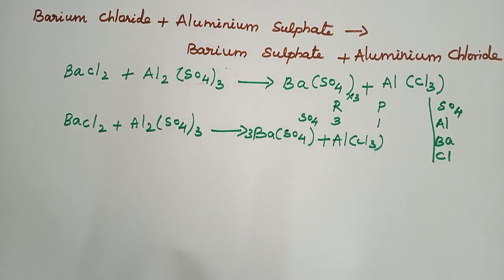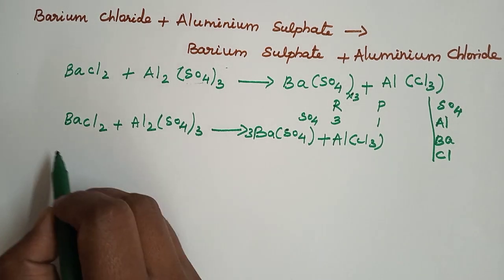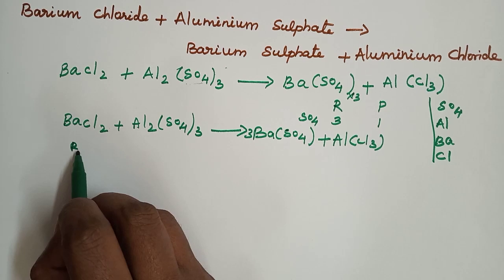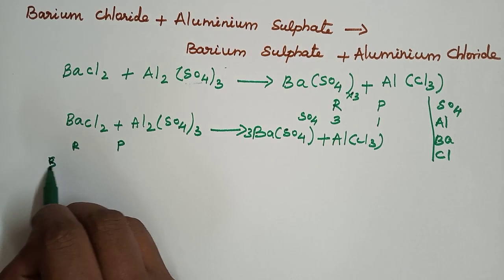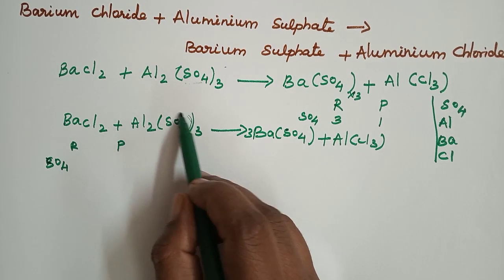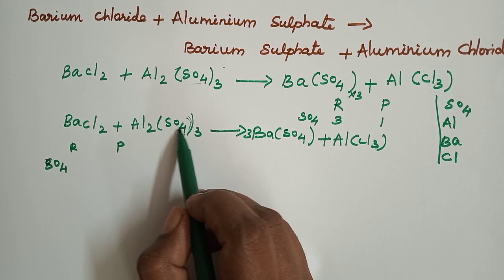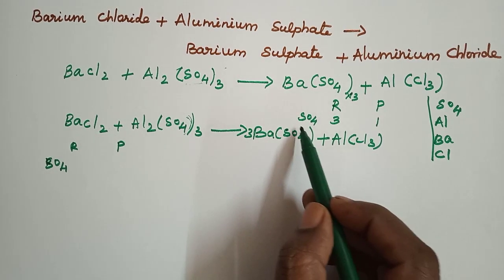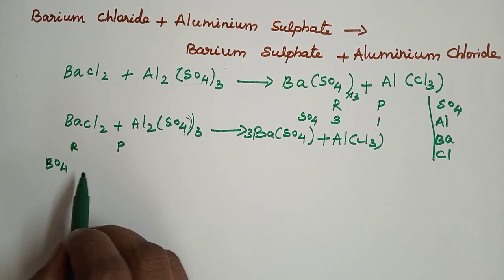Now again we have to check reactant side, product side. See here SO4 together, so no need to take sulfur plus oxygen again and again. Here also SO4 is there, here also SO4 is there.